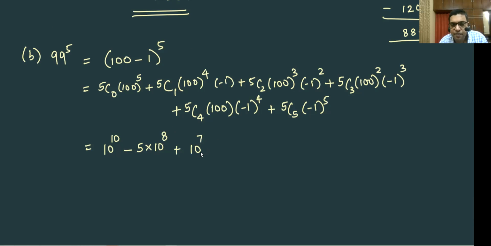This is 10 power 7. Next term with a negative sign: 5C3 is 10, this is 10 power 5. Plus 5C4 is 5. Then the last one, 5C5 is 1.